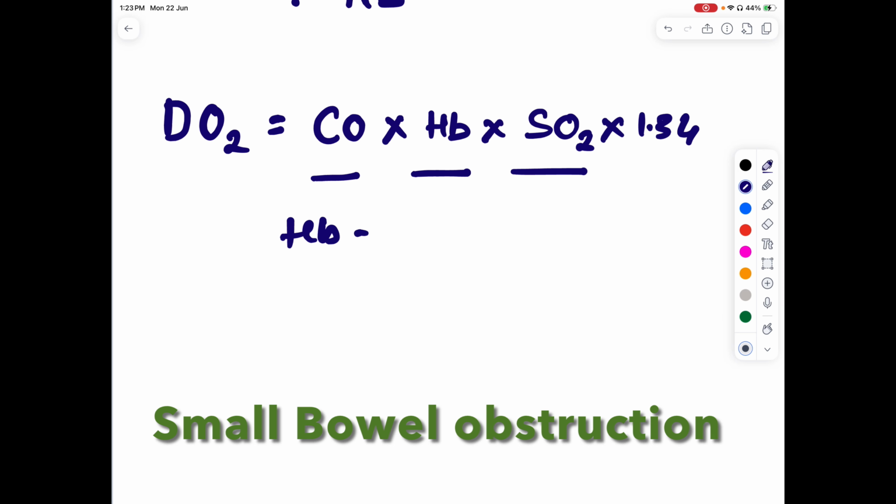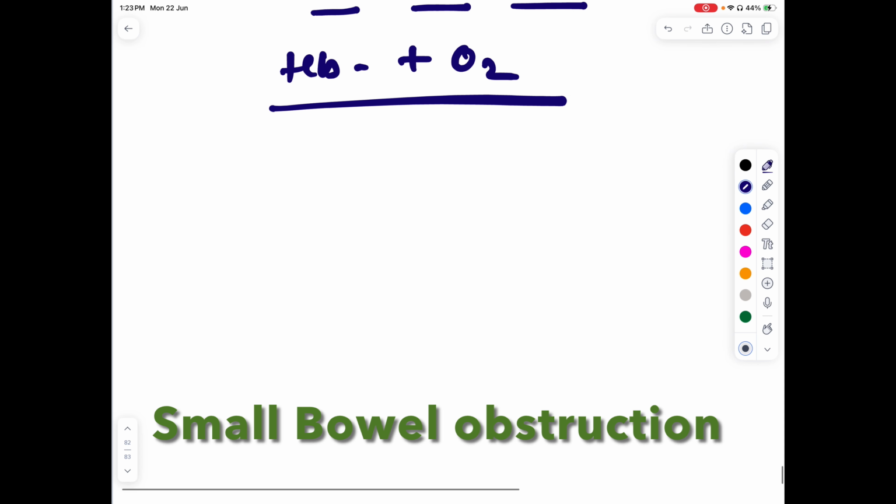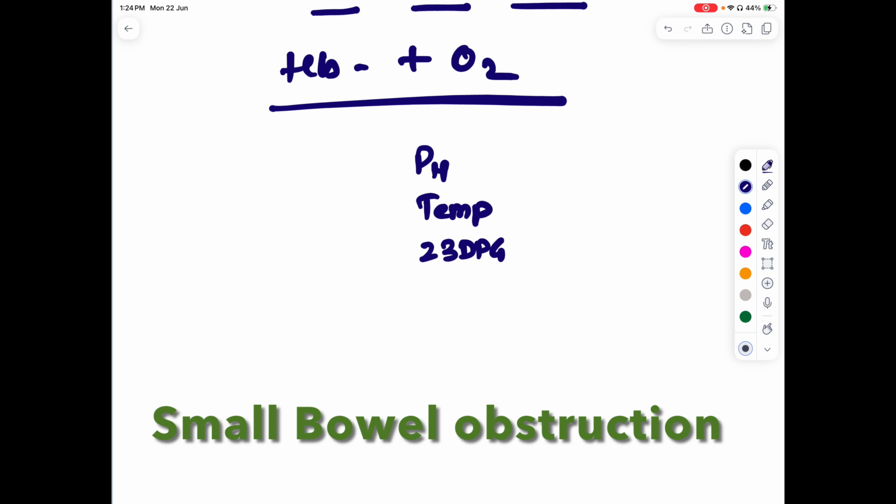Factors influencing the affinity of hemoglobin to oxygen. There can be a shift to the right or a shift to the left. The important things are pH, temperature, 2,3 DPG, PCO2 and fetal hemoglobin.